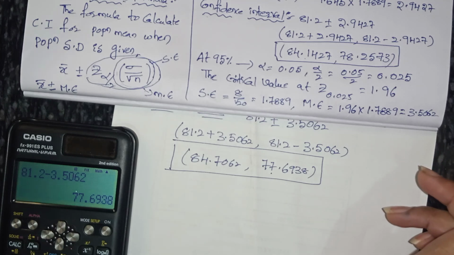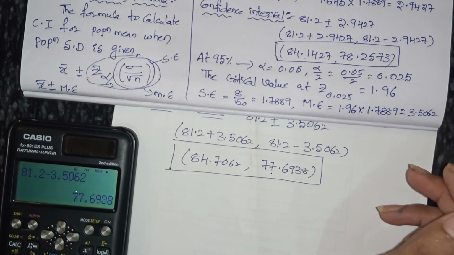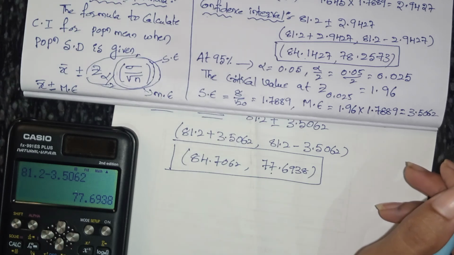So hope you understand. There may be one question. See, in the question, if they don't give any level of significance, we consider 95%. Why do we have to consider 95% only? In the sense, in most cases at 95% we get the true values. I'll give one live example.